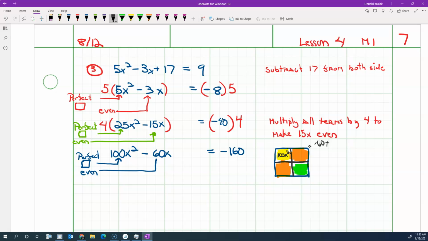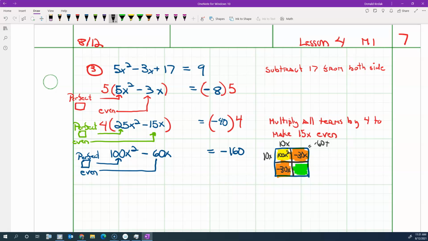Do you see why? Okay. So this would be 10x, and this would be 10x. Okay, now the two orange numbers have to add up to be negative 60 and be the same, Dimitri. What would they be? Yep. Negative 30, negative 30.